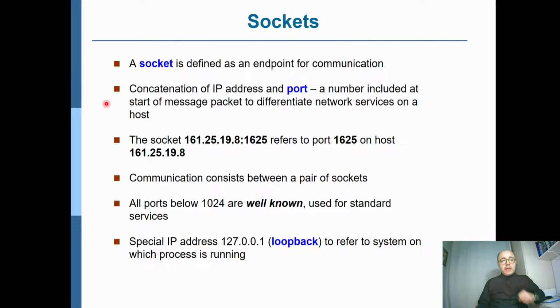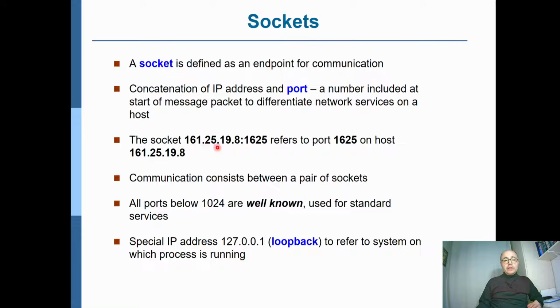Okay, so for each socket, therefore, we have an associated IP number, and here this IP number is just an example, of course it could be different, and an associated port. Typically, the IP number is a collection of 4 integers, less than 256, so from 0 to 255.